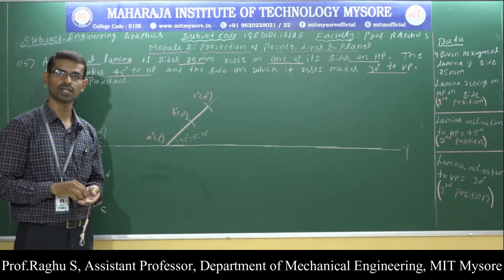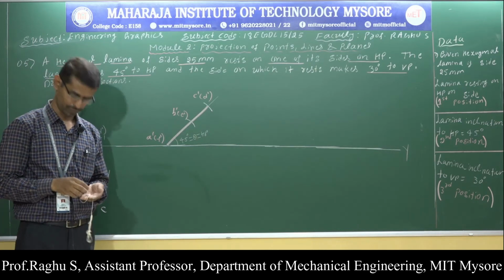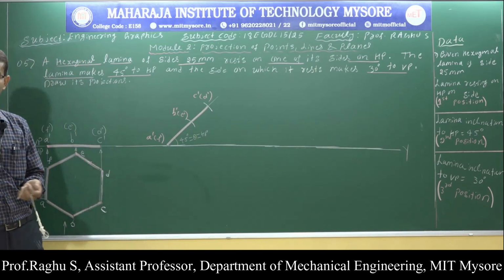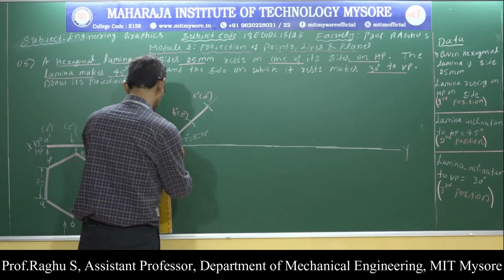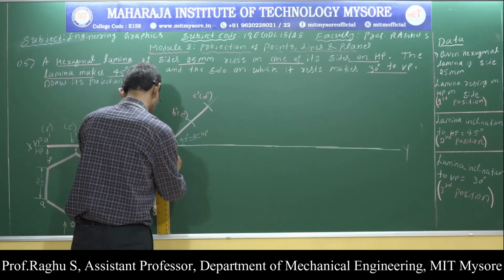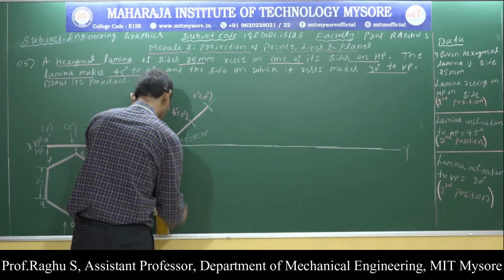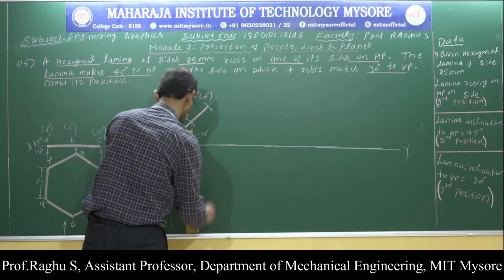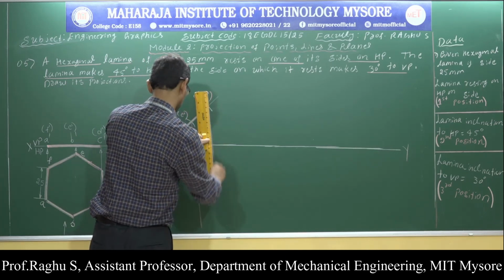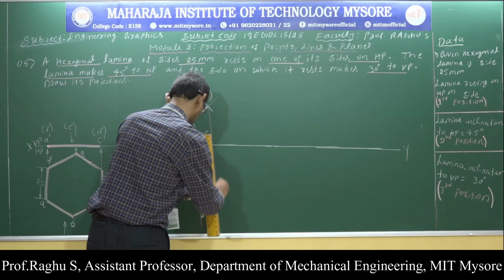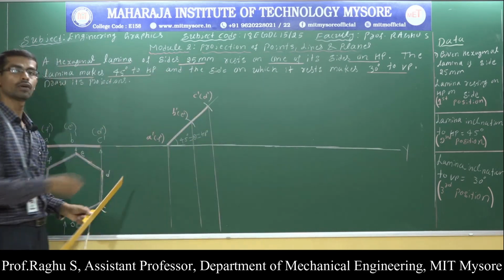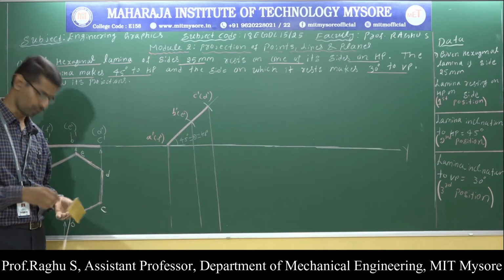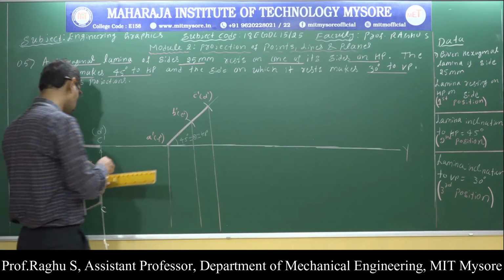So I have completed the second position, front view. Now to get the second position, top view, just draw projections. Draw vertical downward projections from the second position front view, and draw horizontal projections.